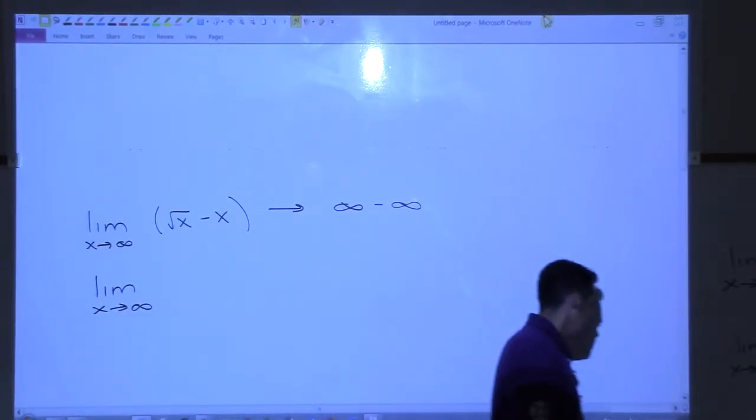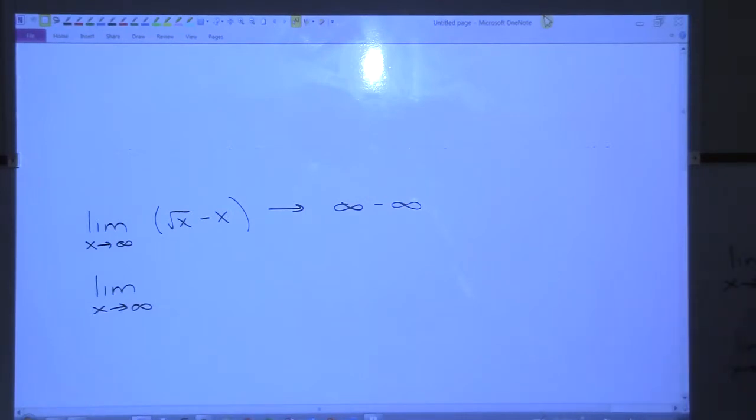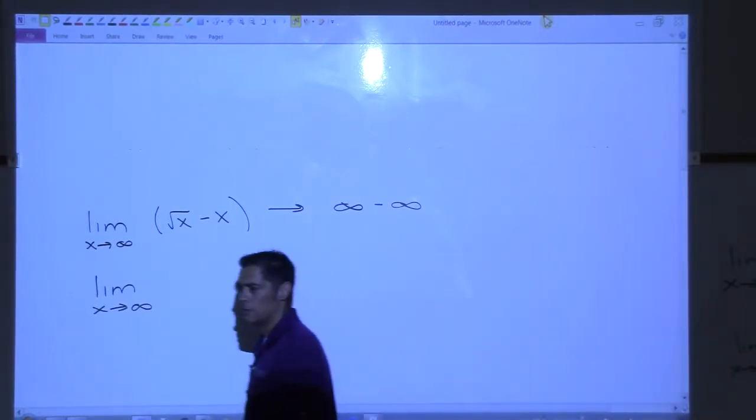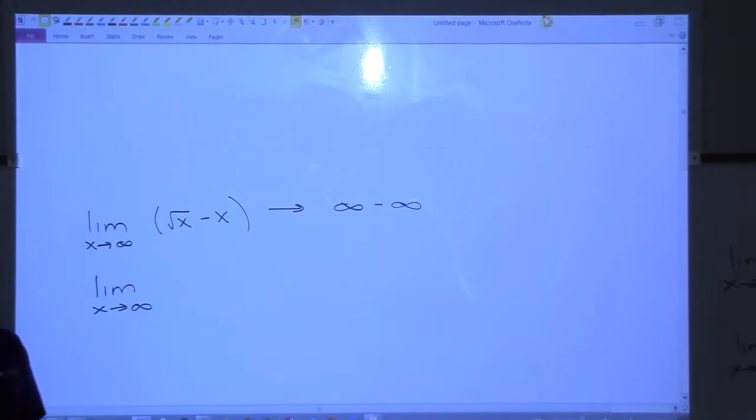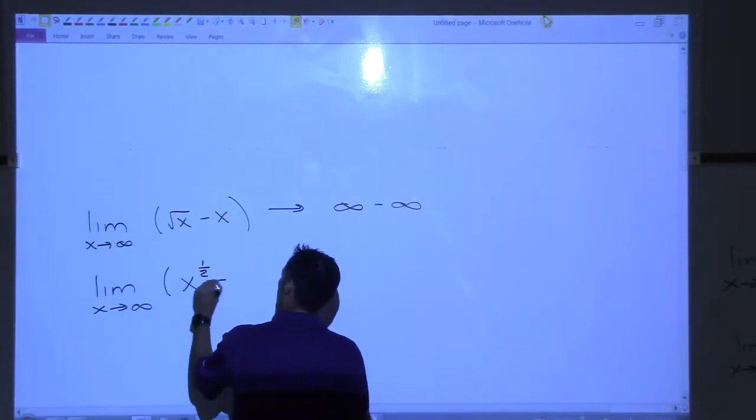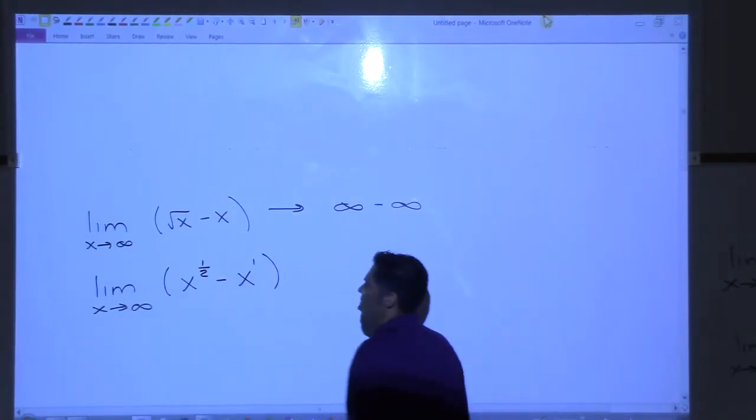I would like anyone here to factor square root of x minus x. Can you factor the GCF, greatest common factor? What do they both have as a common factor? Maybe I can help. Okay.